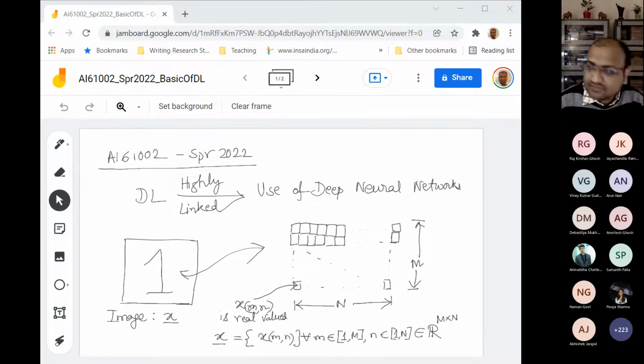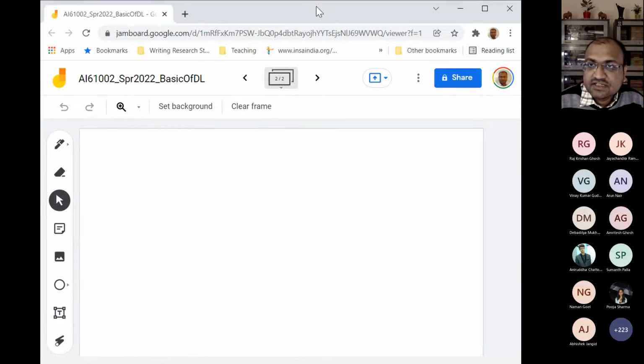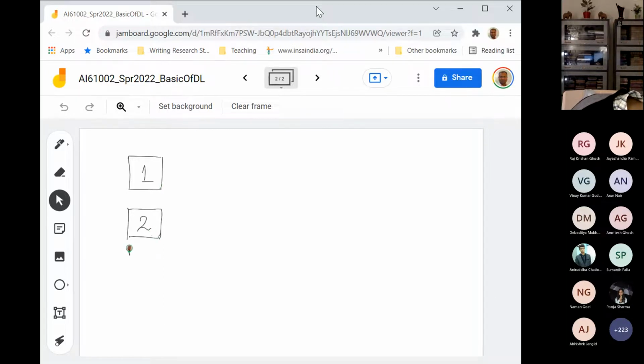Now, if this is the scenario, say I have images which are of fixed sizes. So I have one of these images in which it is written as 1. There is another image in which it is written as 2. There may be another image in which also it is written as 2, and so on and so forth.